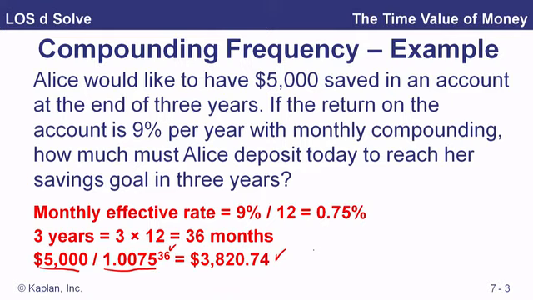So if we looked at this the other way around, let's say we took 3,820.74 and multiplied it by 1.0075, compounded for 36 months, and that would give us the 5,000.